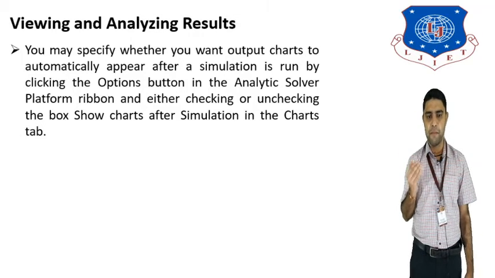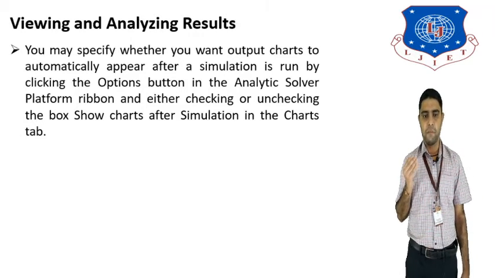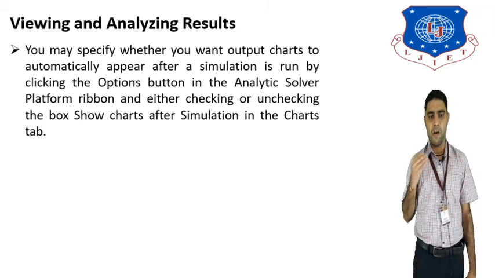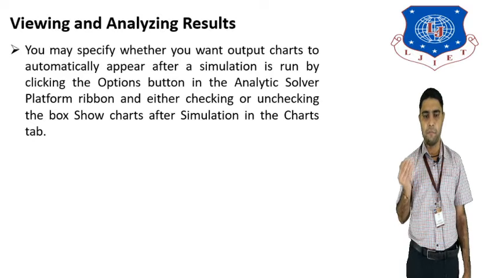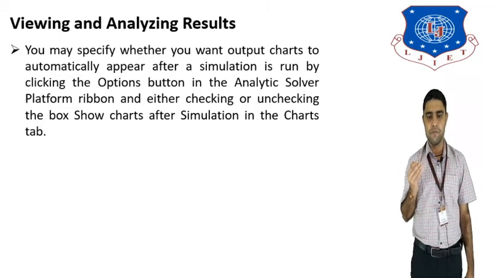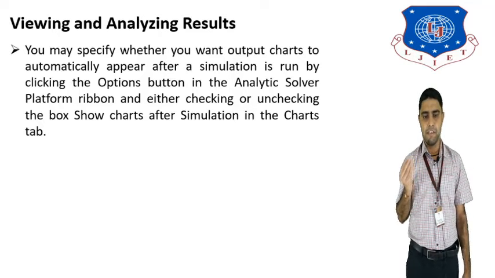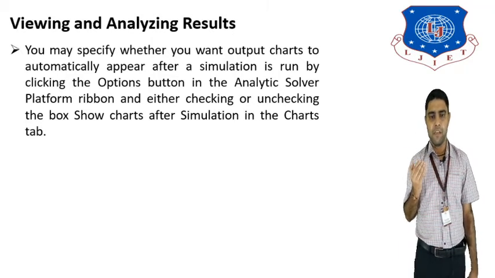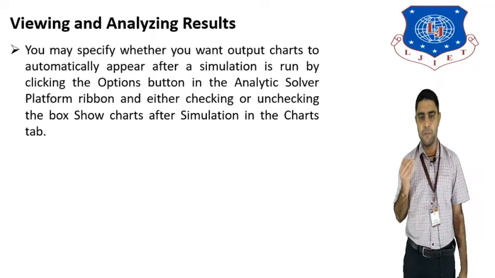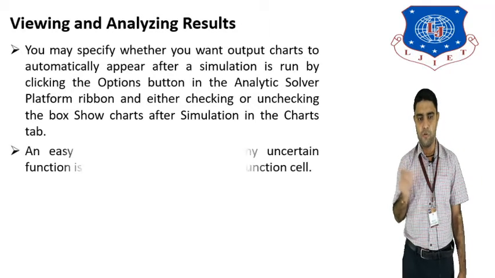So charts will appear automatically after the simulation, or by clicking the option button in the Analytic Solver platform, and it will check what type of charts are available, that is histogram, bar graph or line graph, whichever graph we have to view. After viewing the result, we will do the analysis of that result using the Monte Carlo simulation tool.